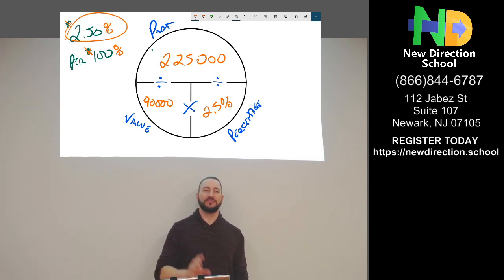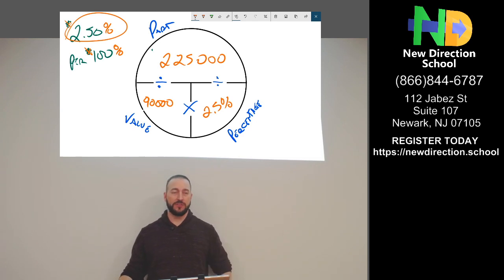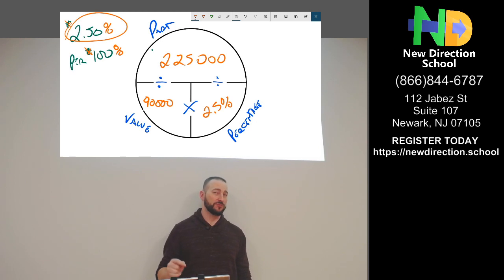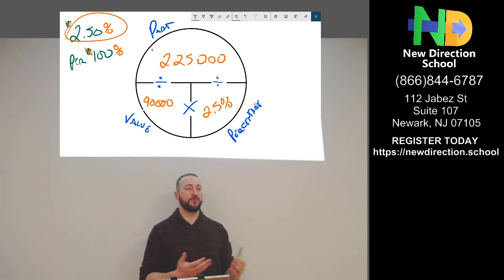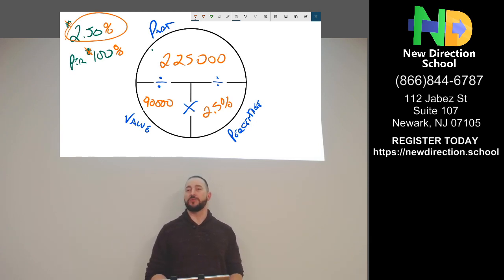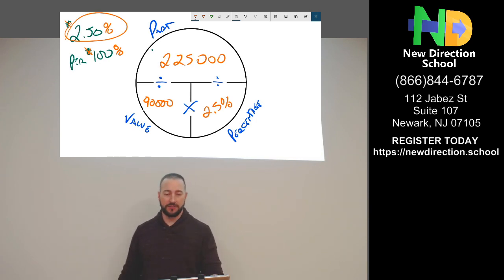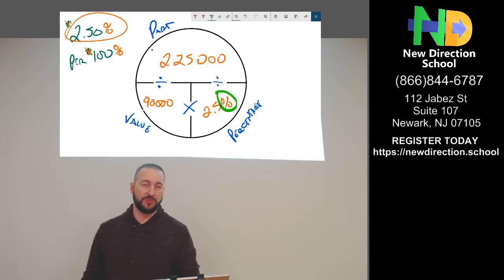We have $90,000 worth of taxable value on this property, and our taxes are going to be $225,000. How's your yearly tax larger than the value of the house? Doesn't make sense, right? So something is wrong. Go back to the question. Most likely you forgot to either divide by 100 or you forgot that what you needed was the percent. But if you look at the answers, there's one answer that matches, it's just without these two zeros.